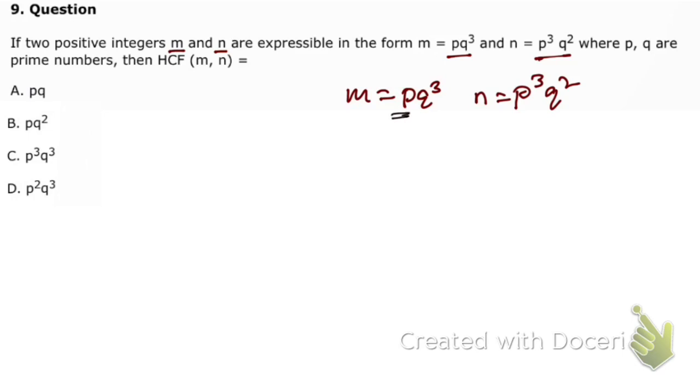Here we have p, here also we have p, but here the power is 3 and here the power is 1. So take the smallest power of p, that is p only. And similarly q cube, here q square, so take q with its smallest power, that is q square. So this is the ACF, p q square, right? So B is the correct option. So hope you have understood this.